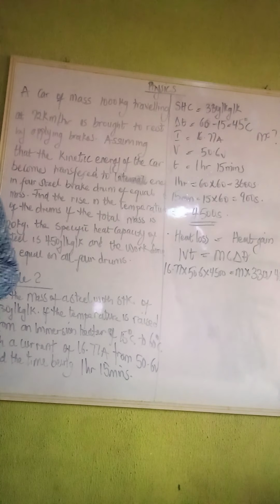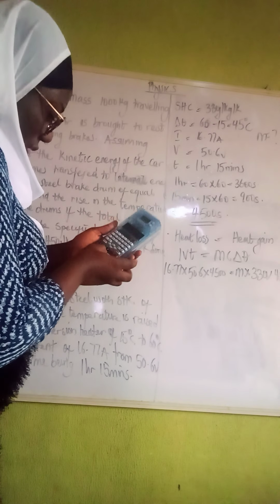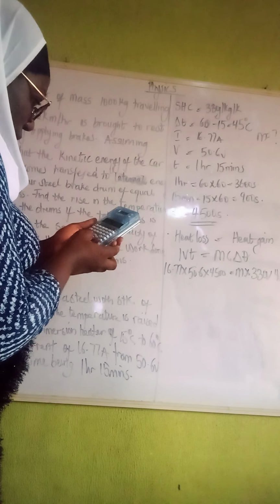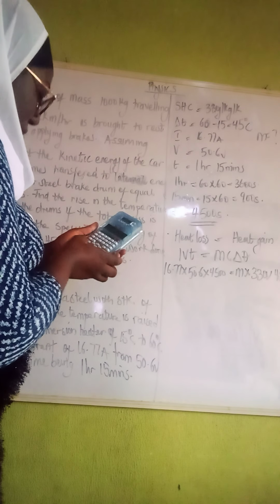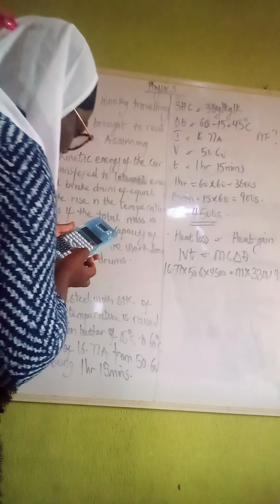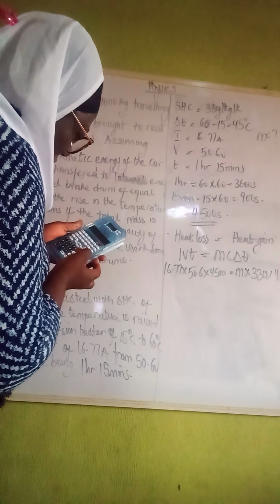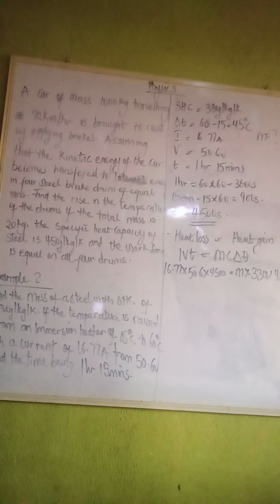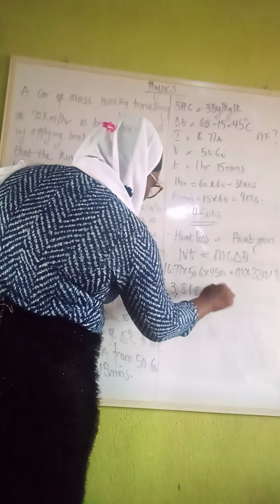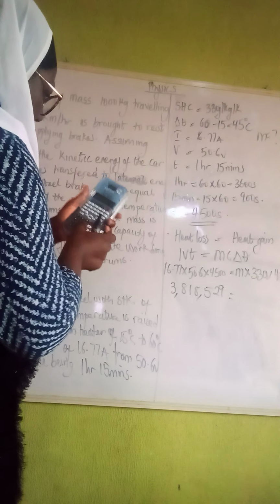So now let's multiply it out. Let's start. 16.77 times 50.6 times 4,500. That will give us a total of 3,818,529. Now multiply 330 by 45.